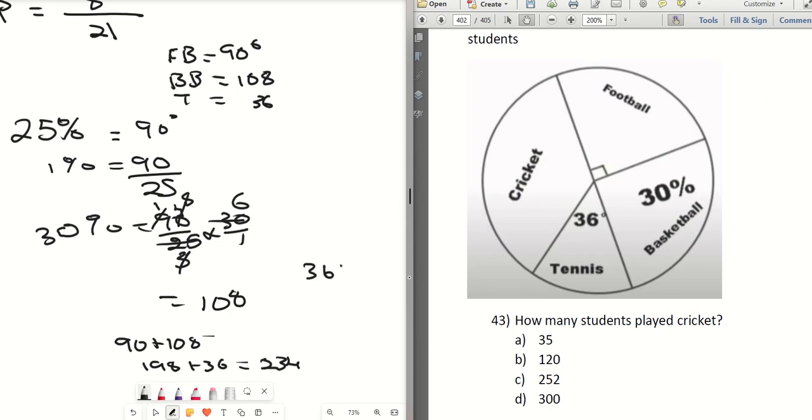So it's 360 minus 234, right? And that's 126.